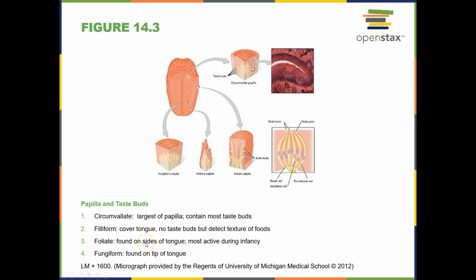We have foliate papilla. These are found on the sides of our tongue. They're very active during infancy. They do have taste buds in them, but in adulthood they're not very active. And then we have fungiform papilla at the tip of the tongue that also have some taste buds in them.